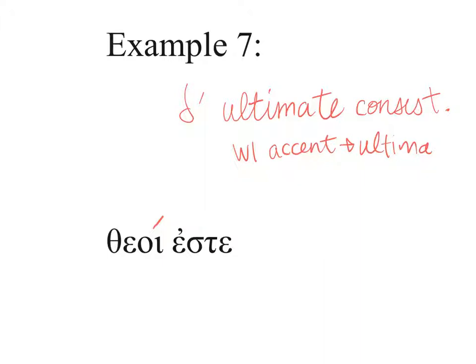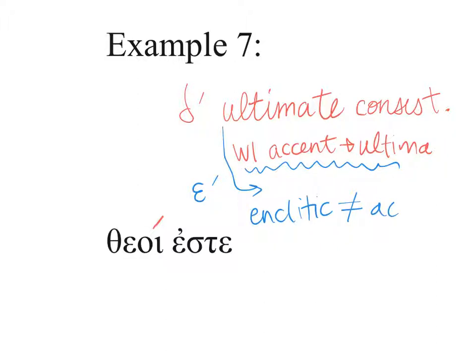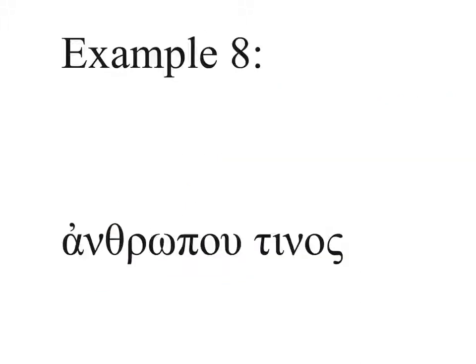Does the enclitic get an accent? Well, rule epsilon tells us, and this is a continuation of ultimate consistency, that when word 1 has an accent on the ultima, then the enclitic gets no accent. It is not accented. Sorry, enclitic, but teoi este is our final result.